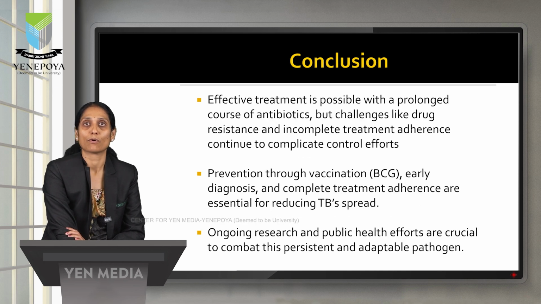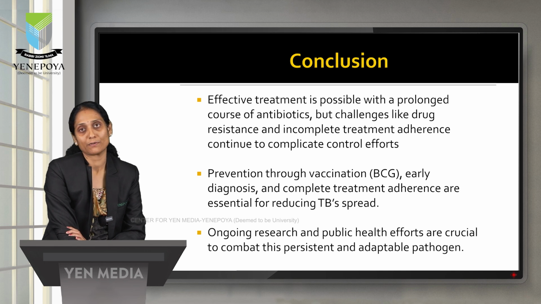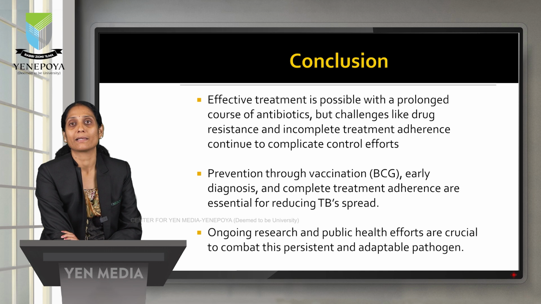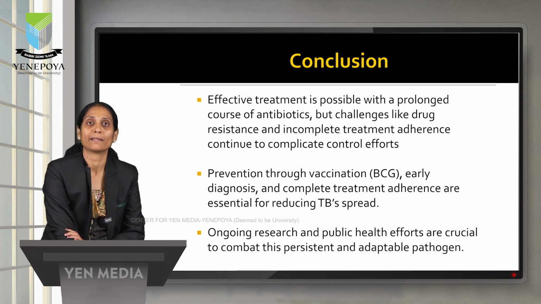Effective treatment is possible with a prolonged course of antibiotics, but challenges like drug resistance and incomplete treatment adherence continue to complicate the control efforts. Prevention through vaccination, early diagnosis, and complete treatment adherence are essential for reducing the tuberculosis spread. So, the ongoing research and the public health efforts are crucial to combat this persistent and adaptable pathogen.